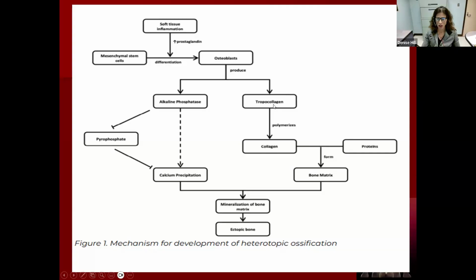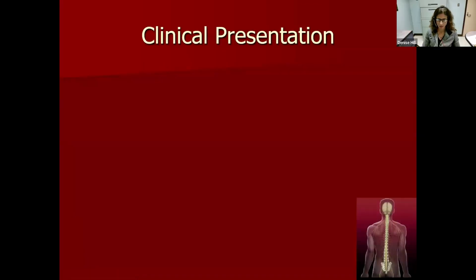And something called tropocollagen becomes collagen. And then we have proteins and other things forming the matrix, calcium precipitates, and mineralization. This chart doesn't really explain why, and like I said, there are many postulated theories, but it does explain that it comes initially from this tissue cell differentiation into osteoblasts.